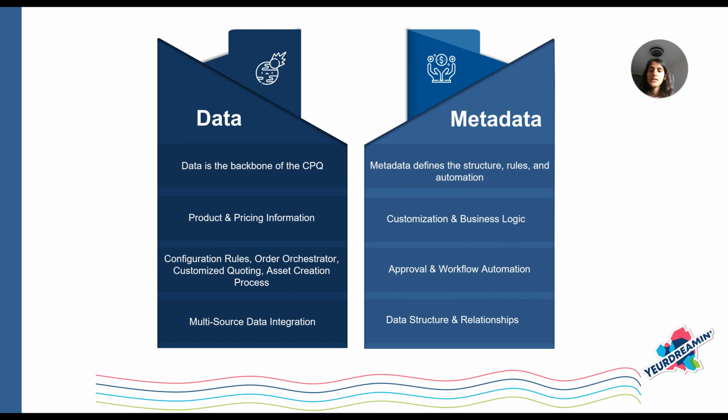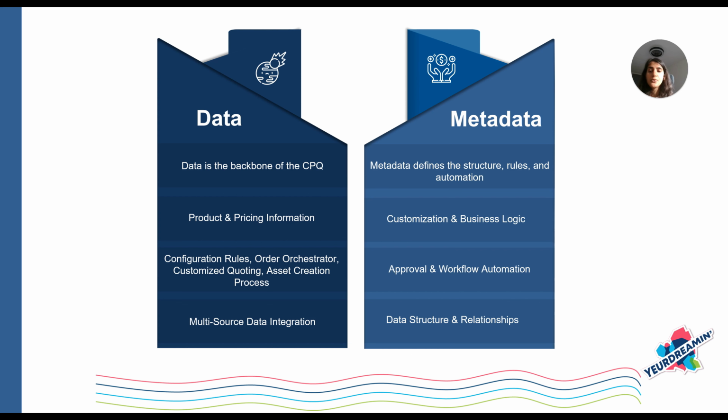On the other hand, metadata defines the structure, rules, and automation that control how CPQ processes and manages data. Customization and business logic help in the creation of custom rules, validations, and automations to tailor the system to business needs. Approval and workflow automation, and metadata driving pricing rules, determine how discount tiers and approvals function.